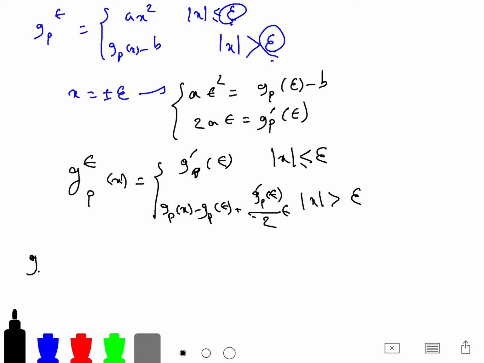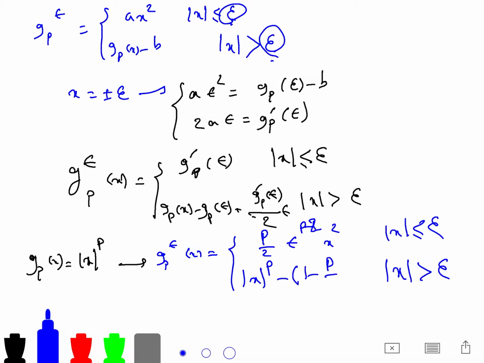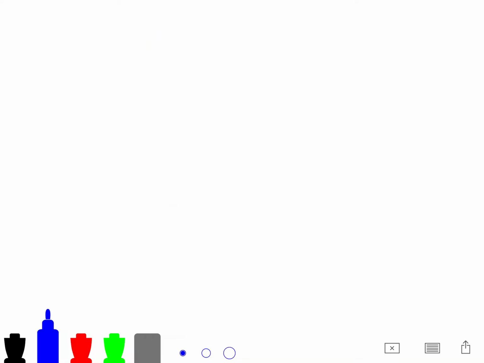So if your surrogate function is like mine, which is this one, my favorite, then we have the same function, which in the epsilon neighborhood is equal to p over 2 epsilon to the p minus 2 times x squared. And if we are not in the epsilon neighborhood, it becomes x to the p minus 1 minus p over 2 epsilon to the p.